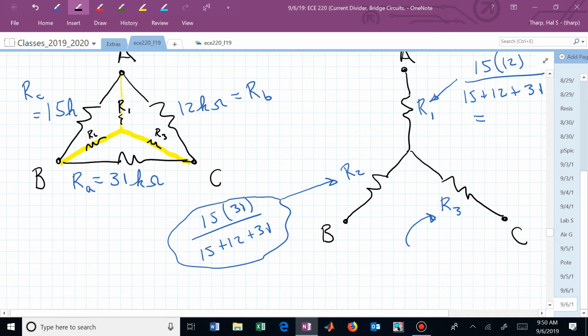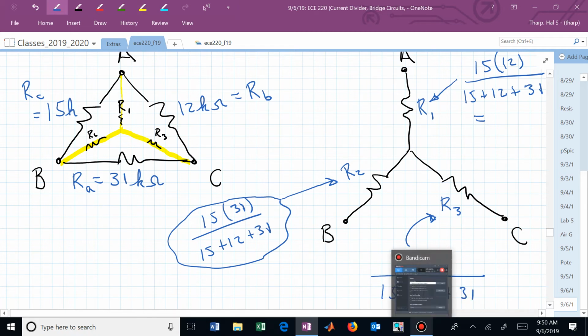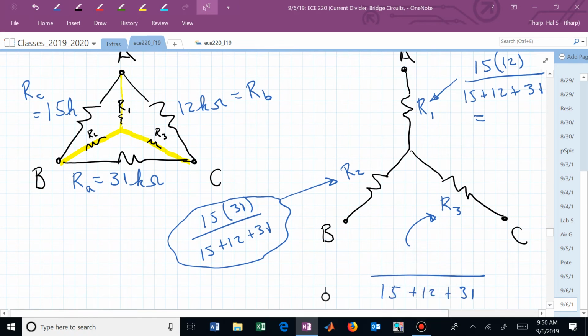Let me make it in blue. What's downstairs? That's just the sum. And what's upstairs? A product. And what's in the product? It's what R3 is touching from node C, which is 31 and 12.